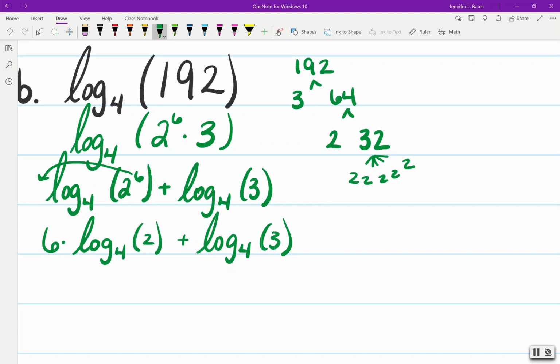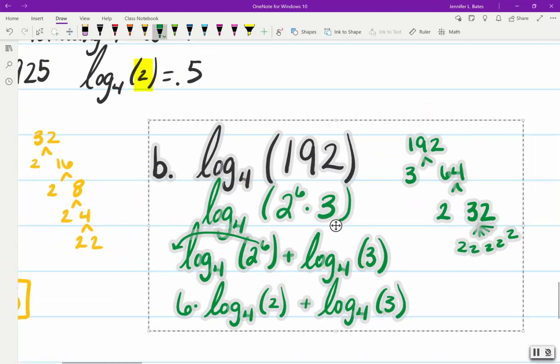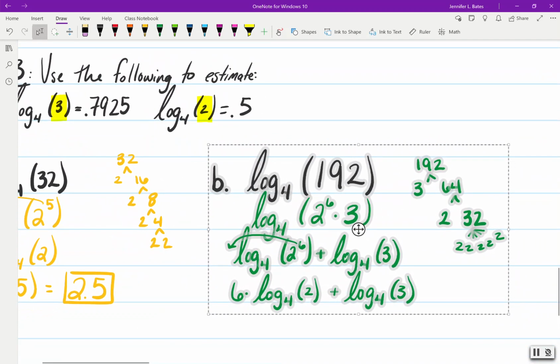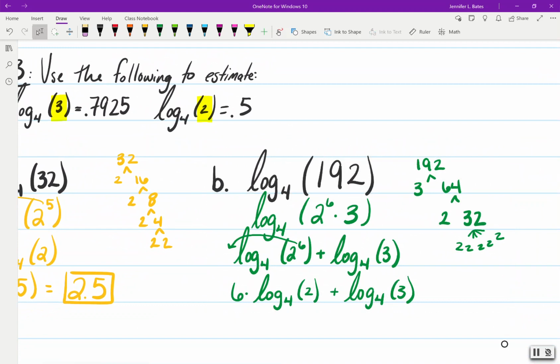Yeah, everything's fully expanded. So now let's just do a substitution. If I look at the top of the problem, the stuff that they gave me, log base 4 of 2 is equal to 0.5. So I'm going to substitute that in there. Then log base 4 of 3 is equal to 0.7925. So I'm going to substitute that in there.